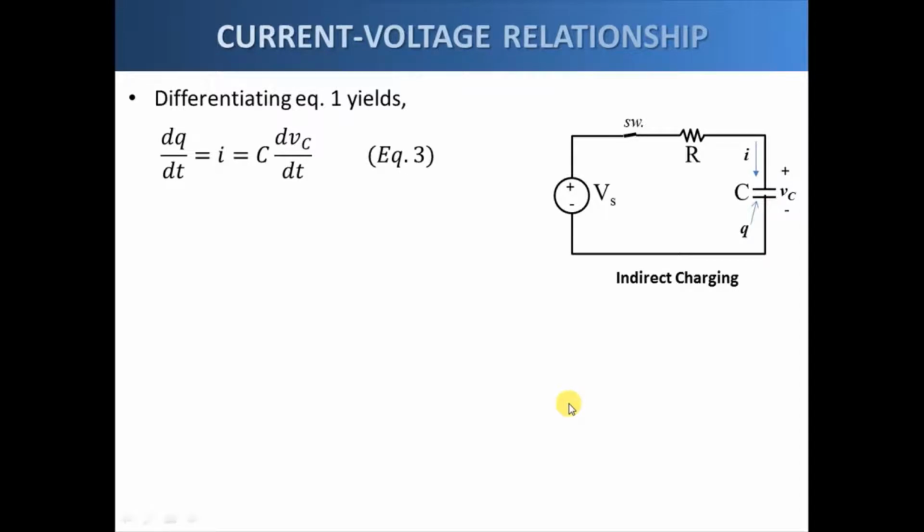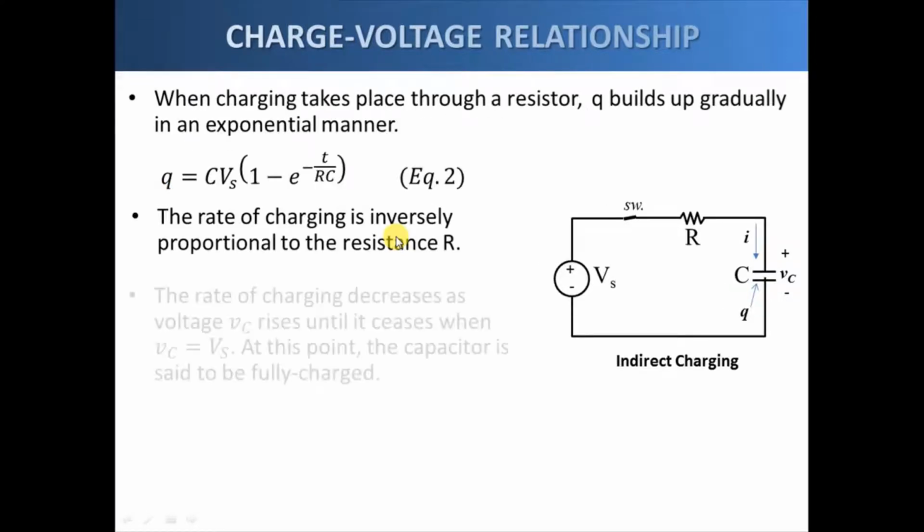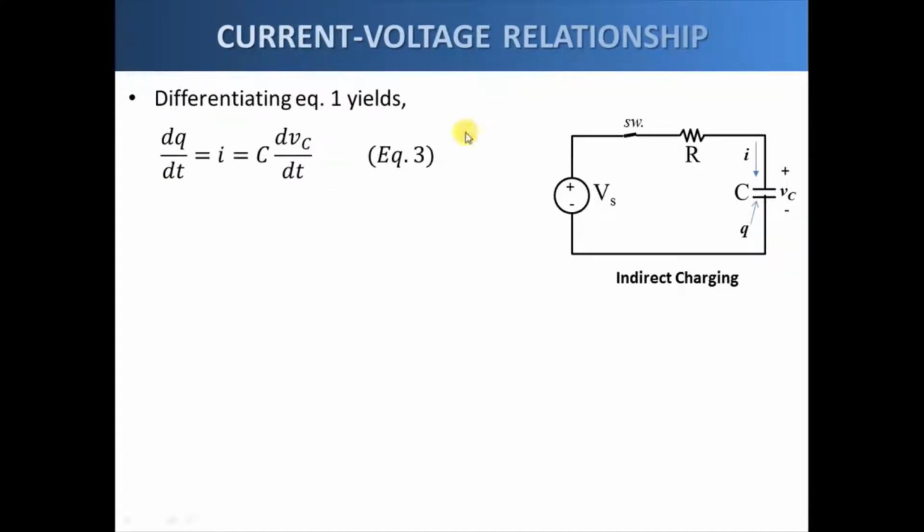Now let's say we differentiate equation 1. So equation 1 is this one. Let's differentiate both sides with respect to time, so we get this result. This is a very important relationship that says that the current flowing towards the capacitor is proportional to the time rate of change of the voltage across the capacitor.